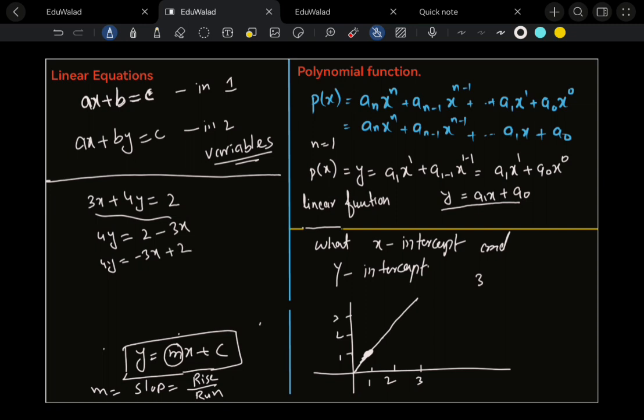Dividing by 4 on both sides, we get negative 3 upon 4x plus 2 upon 4. So y is equal to negative 3 upon 4x plus 1 upon 2. So this 3 upon 4 is our slope, because when we compare the two equations with the slope intercept form, m is equal to minus 3 upon 4.